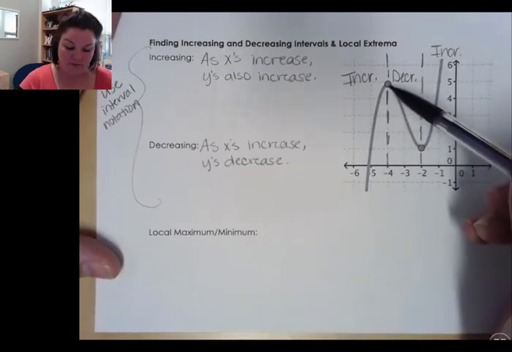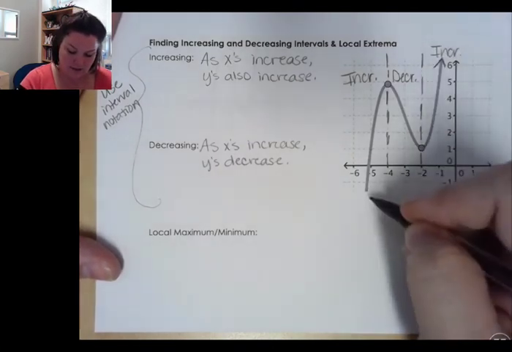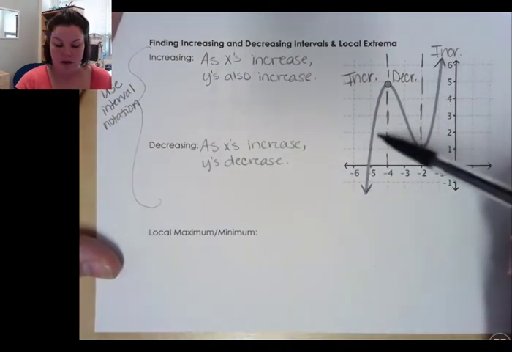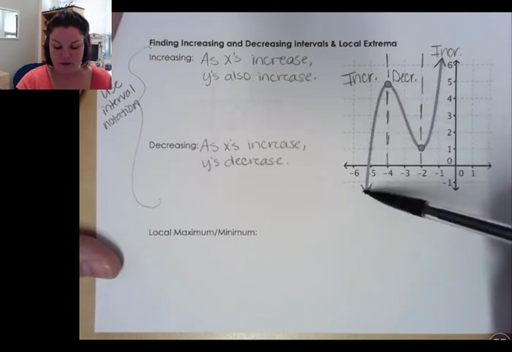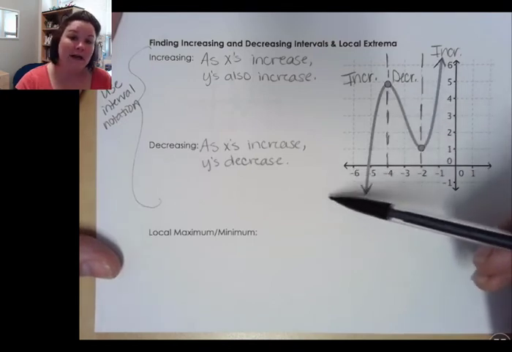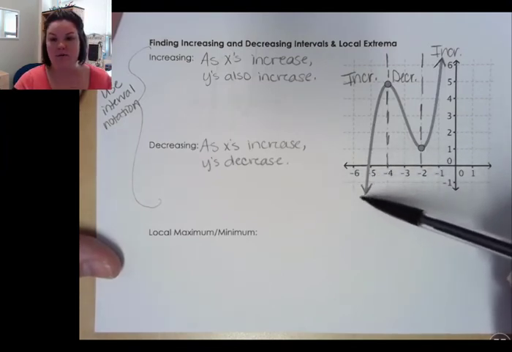Okay, so this first increasing interval, and I'm going to go ahead and just draw some arrows on here because I think it cut off when I printed it. So I want to know for this interval, what is my x value span? What is it increasing from what x value to what x value? Well, since this has an arrow, this is going to keep going back and back and back.